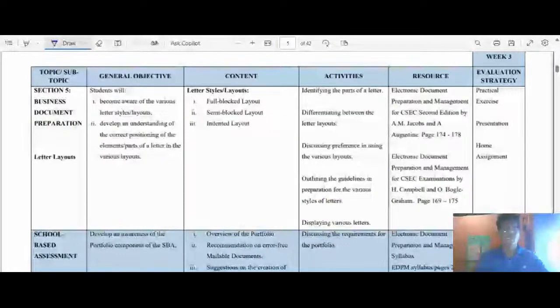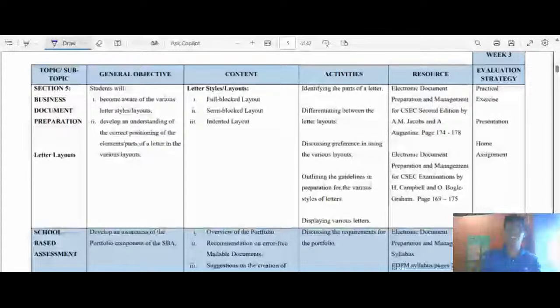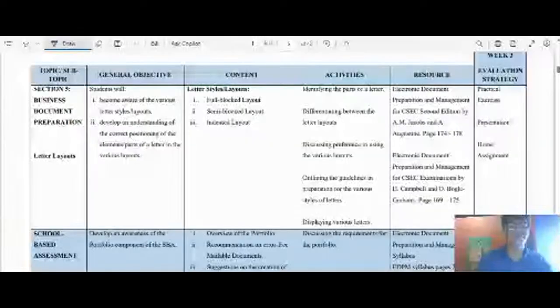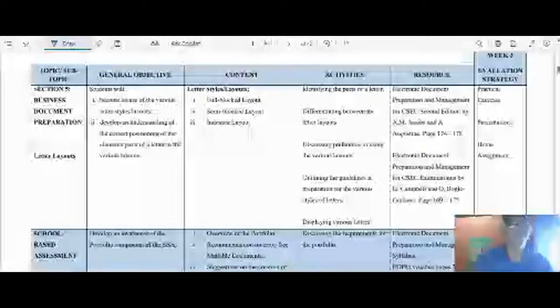So there are different types of layouts. There is blocked, semi-blocked, and fully blocked. There are a lot of different types of layouts.